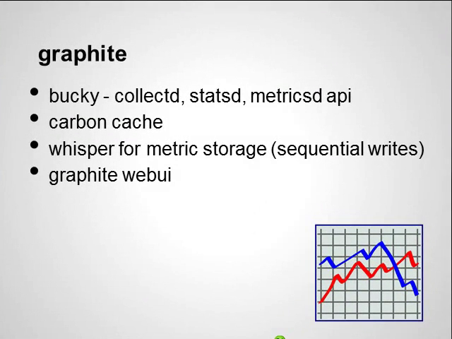We use Graphite. It's really fantastic for storing metrics. We've used both RRD tool type stuff, but Graphite really stands apart because of the way it writes metrics out sequentially, as opposed to RRD, which is a lot of random write.